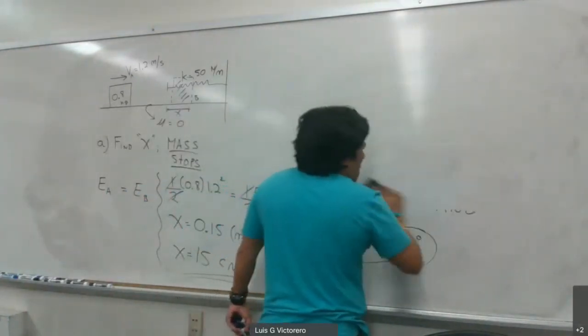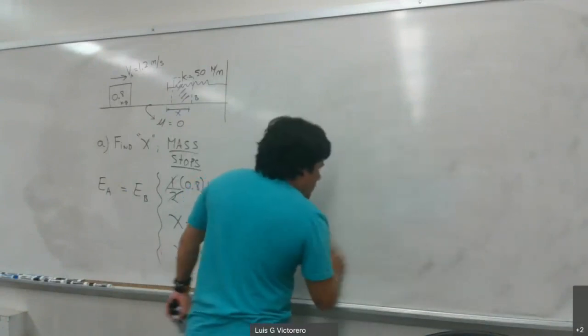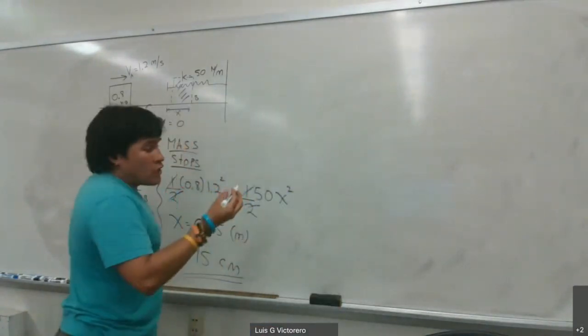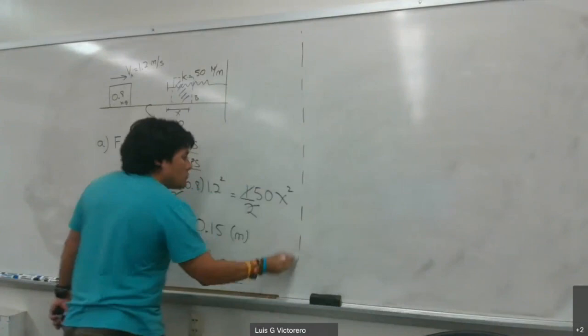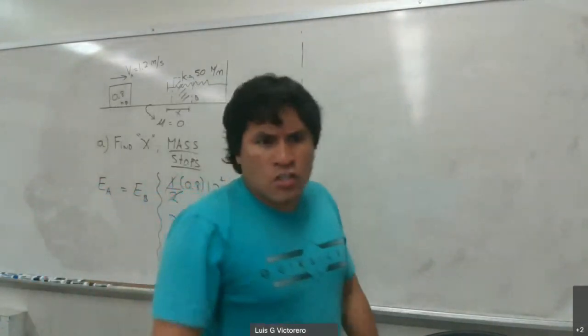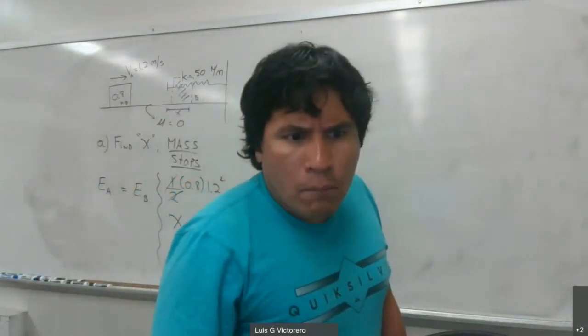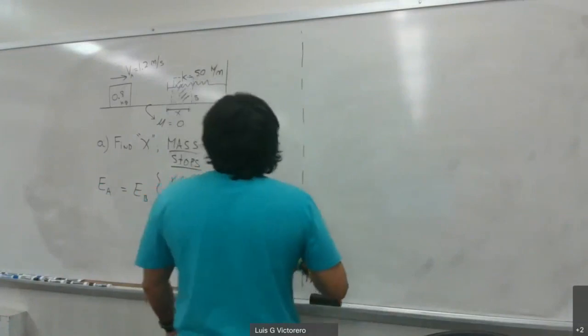The idea is the same, so there's not much difference. Now we're gonna add friction though. Friction is given by mu equal to 0.5.